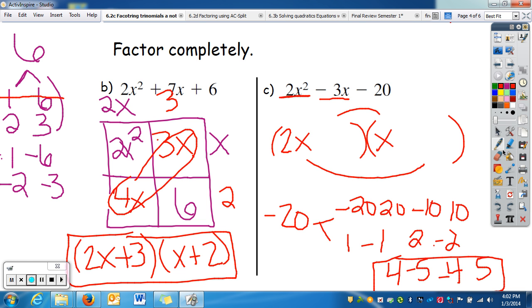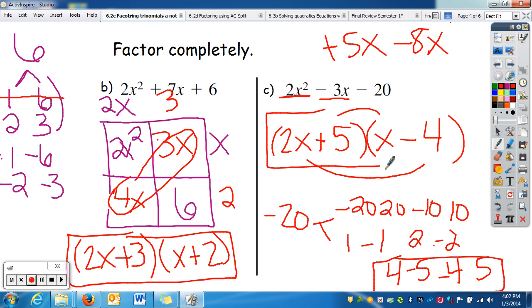So we can do negative 5 and positive 4. Well, that gives us negative 5x and 8x, which is 3x. That's positive 3. We're close. So I know to switch the signs, because that would make this negative and that positive, which gives me negative 3 as my final answer.